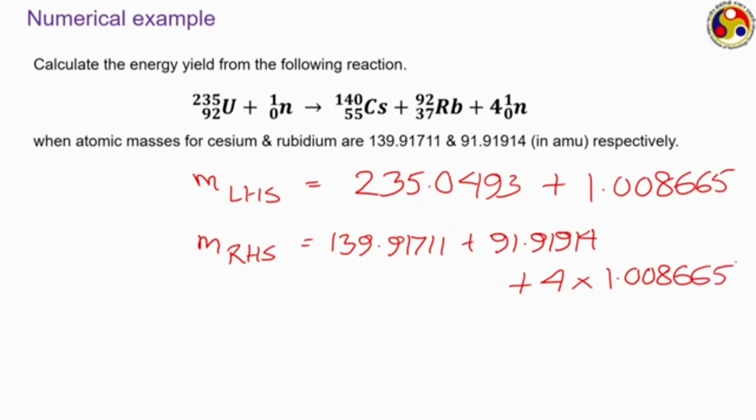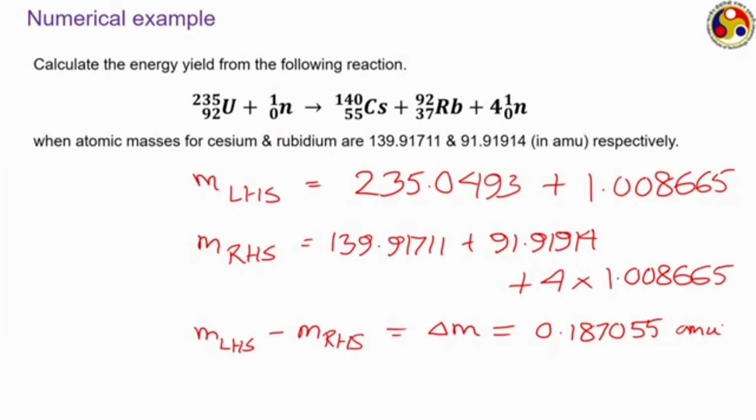So, if we compare these two figures, you will find that the mass of the left hand side minus the mass of the right hand side, which we are calling the mass defect, is equal to 0.187055 AMU. Correspondingly, the amount of energy released will be delta m times c square, which is equivalent to 174 MeV.